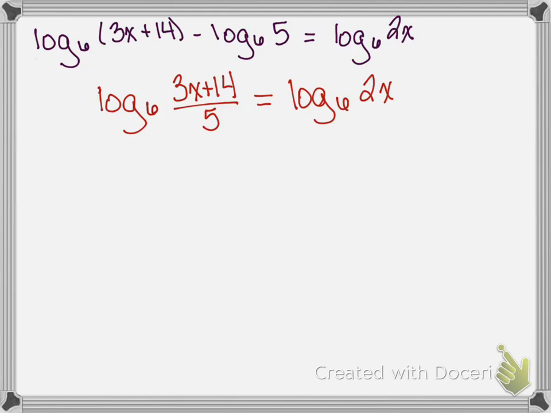Now, I am allowed to pull the logs out only because I have the logs on both sides. If I didn't have the logs on both sides, I'd have to rewrite it as an exponent. But in this situation, I have the logs on both sides, so I can remove them. It's this property right here.